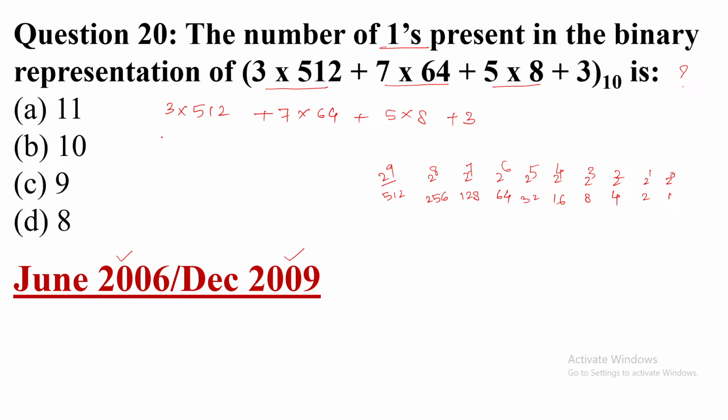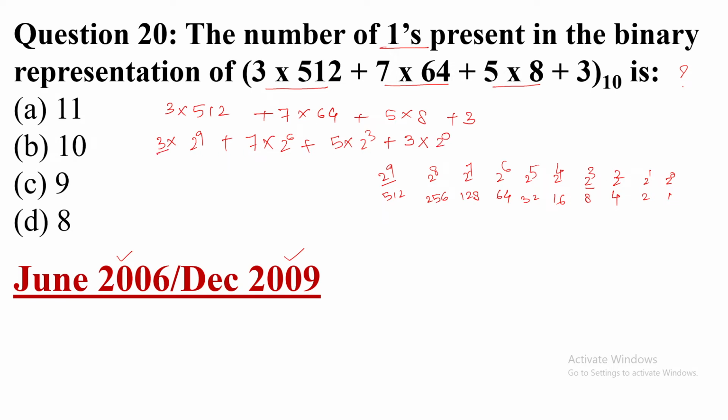So we can write 3 into 512, that means 2's power 9, plus 7 into 64, 64 means 2's power 6, plus 5 into 8, 8 means 2's power 3, plus 3 into 1, that means 2's power 0.